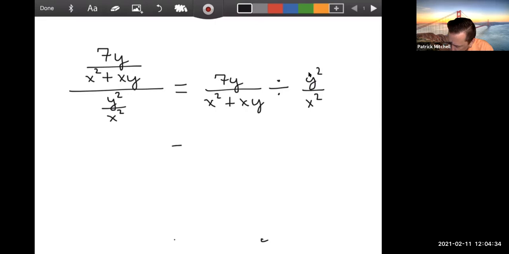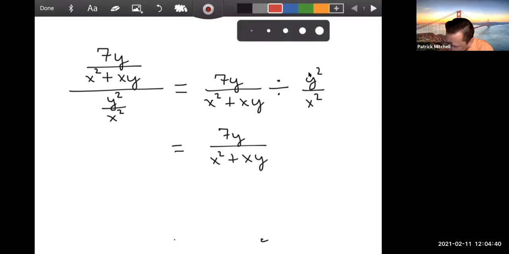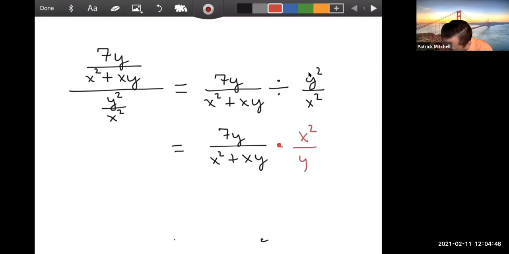So it'll be 7y over x squared plus xy times x squared over y squared. And then remember, in order to multiply those, we're going to simplify as we go along, which means that everything has to be factored.